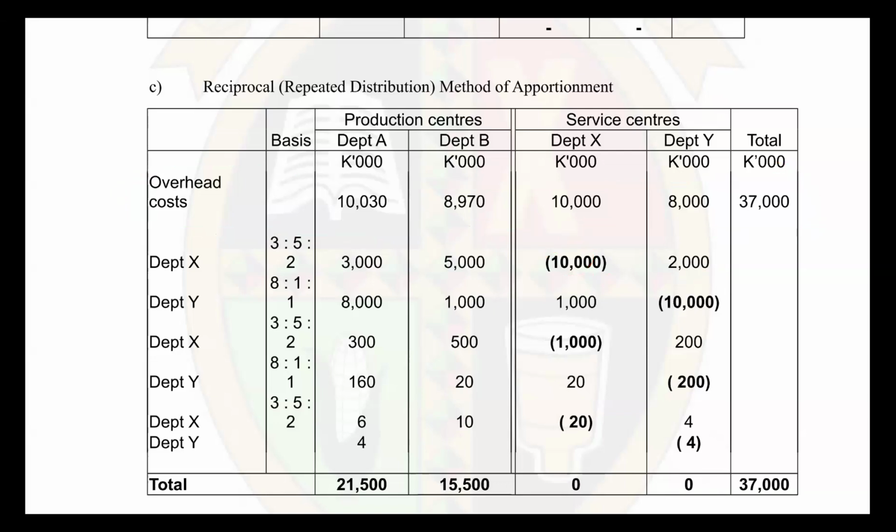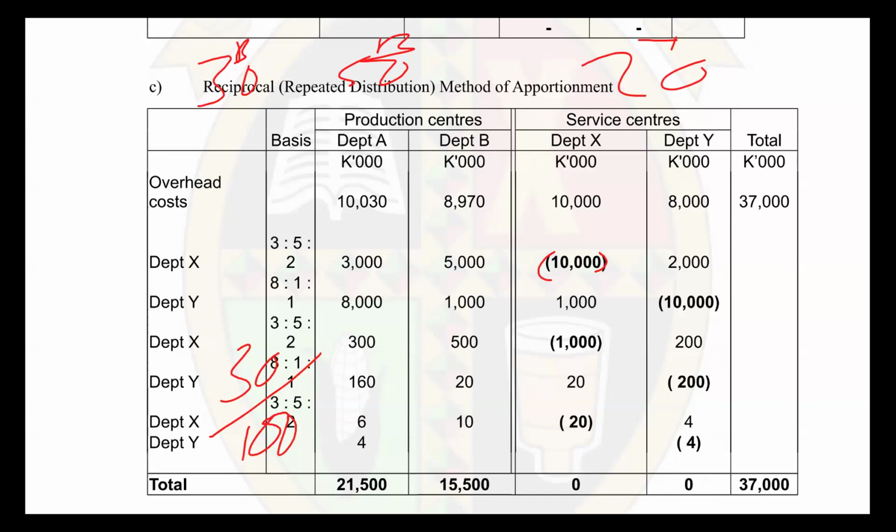This one is quite different. We are doing the apportionment of the 10,000. Now the 10,000 can be shared among 3 departments. And the ratios we have are 30, 50, and 20 to Y, right? So let's do the sharing. How is it done? For A, we say 30 divided by 100 times the 10,000.